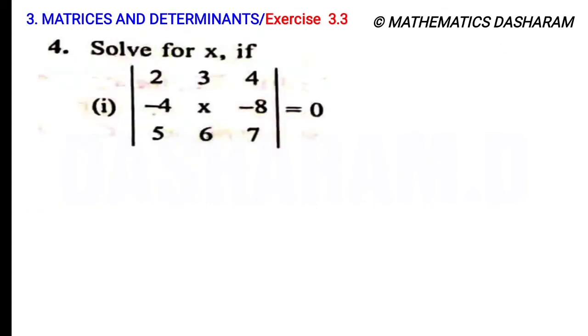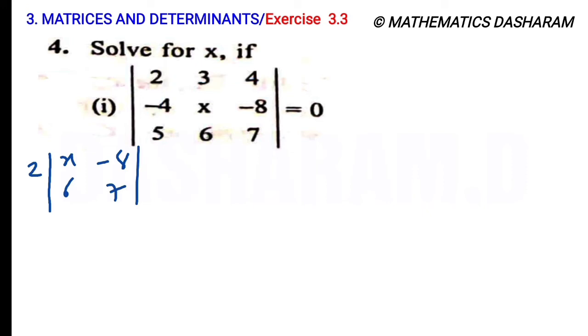Fourth question: solve for x if the determinant of this matrix equals 0, then what is the x value? So let's find the determinant first of all. Here 2 into the determinant of x, minus 8, 6, 7.